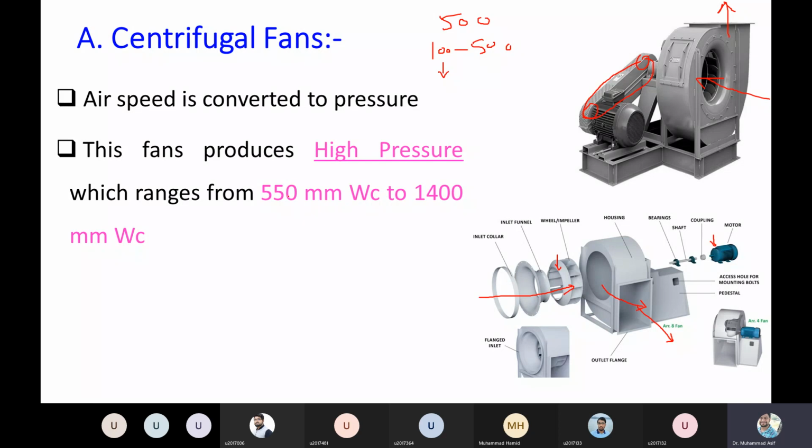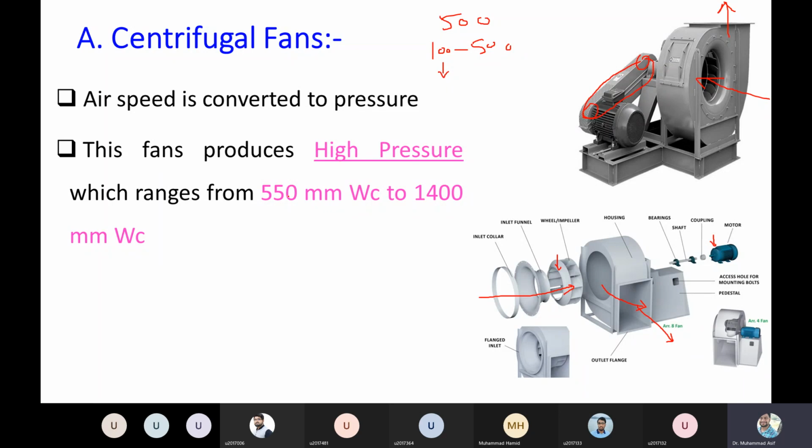I mean, high pressure means to overcome the resistance of the ducting, the resistance of the fittings, and the dampers and the diffusers, right? So mainly, when let's say the length of the duct is too high, I mean, the distance is too large from the place where you have to deliver the air, then the pressure drop will be much higher.